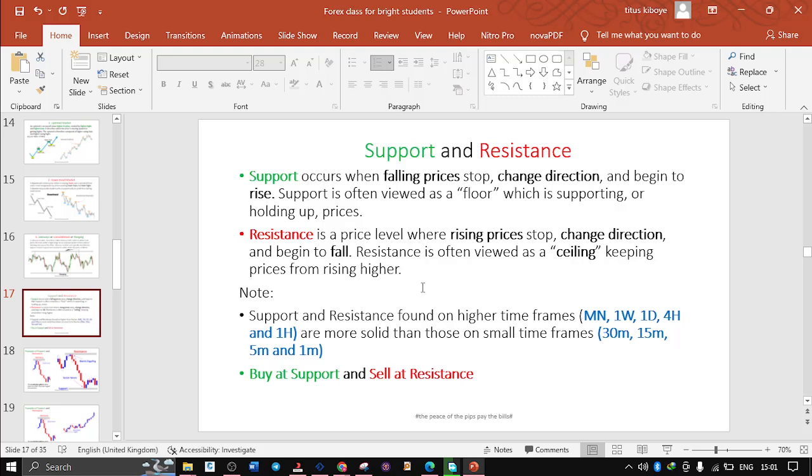For support and resistance, those found on higher time frames like 1 week and 1 month are more solid than those found on small time frames. As the saying goes, you'll always hear buy at support and sell at resistance. This is a very common saying.